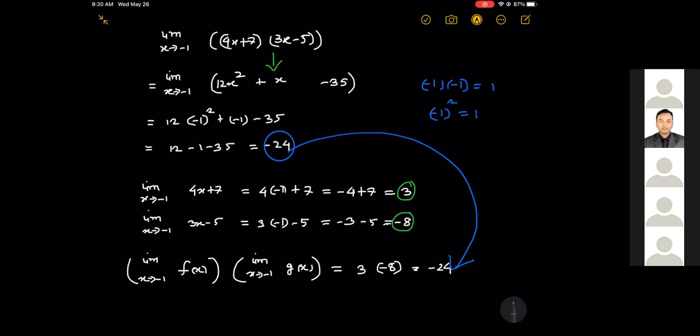All right. Next one is slightly tricky, because so far we have seen some difference and product law, and we can actually extend it for any number or any function, as long as it's not making the function undefined. So for the quotient one, the fifth law, we have a fraction now, right?